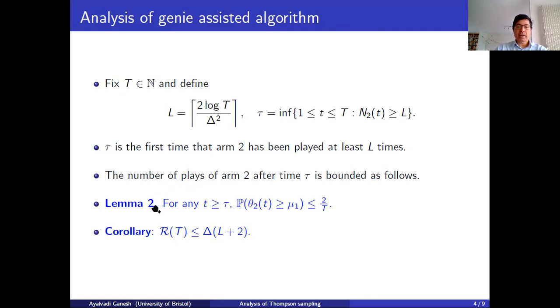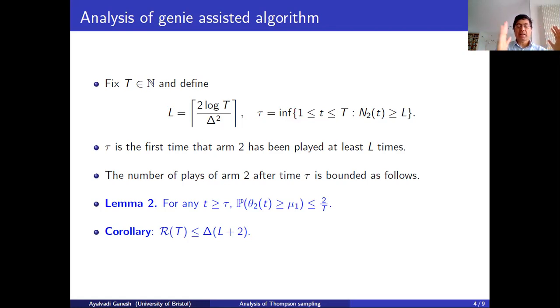Lemma 2 says that because L is large enough, and so there's a good chance that we have a good estimate of mu2, it's unlikely that a sample drawn from this distribution will exceed mu1. Okay, mu2 is smaller than mu1. So the posterior for mu2 concentrates in the vicinity of mu2.